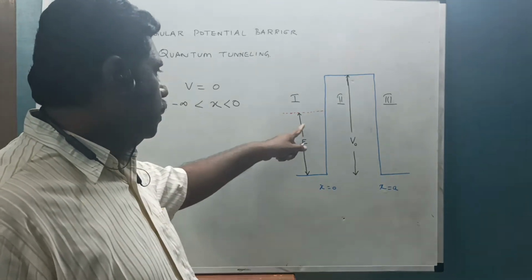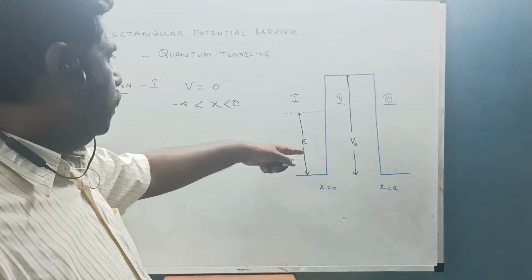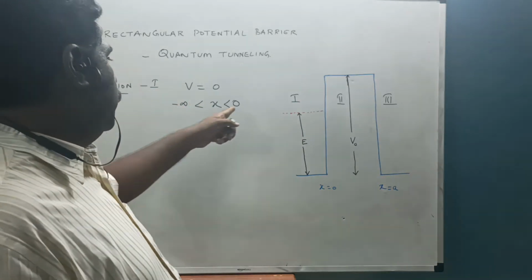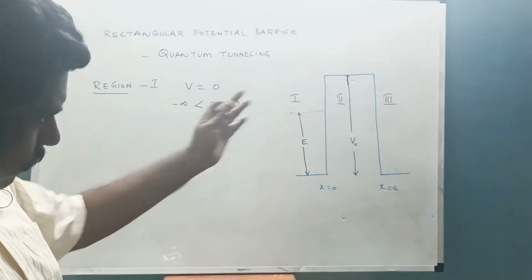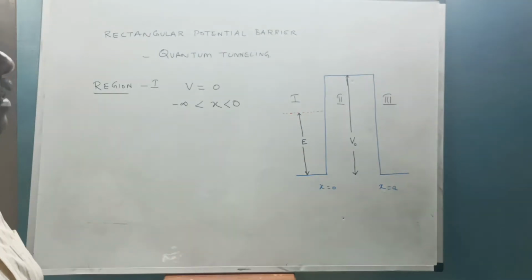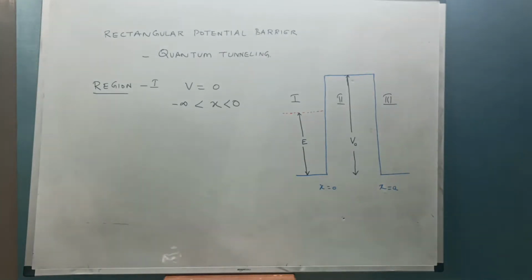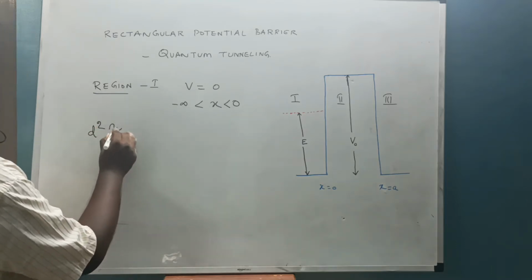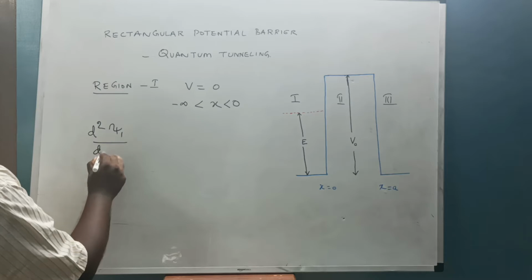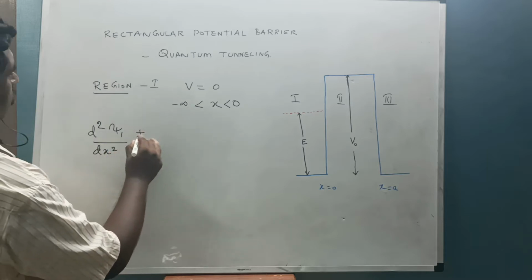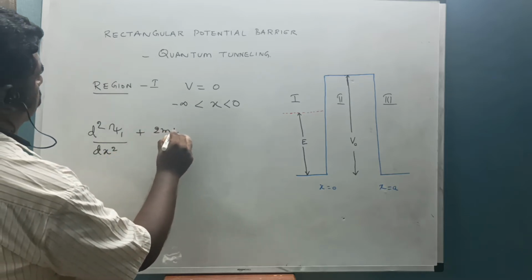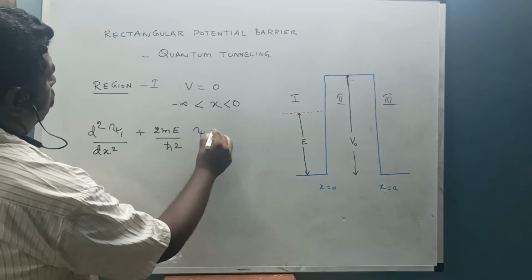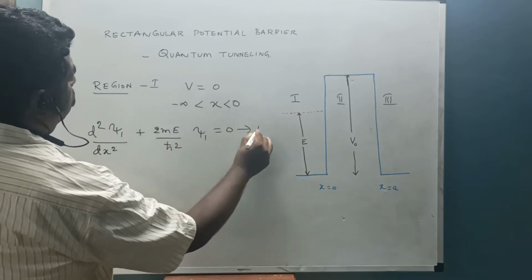See, the value of V on the left hand side of the barrier is 0, which means that outside the barrier, the left hand side, we are concentrating. So for this region, the Schrodinger equation is d square psi 1 divided by dx square plus 2mE by h cross square into psi 1 is equal to 0. This is equation number 1.